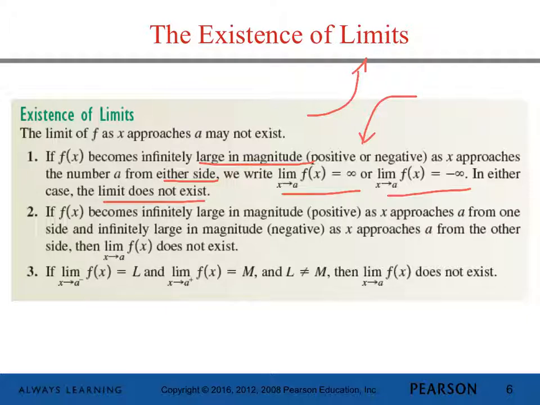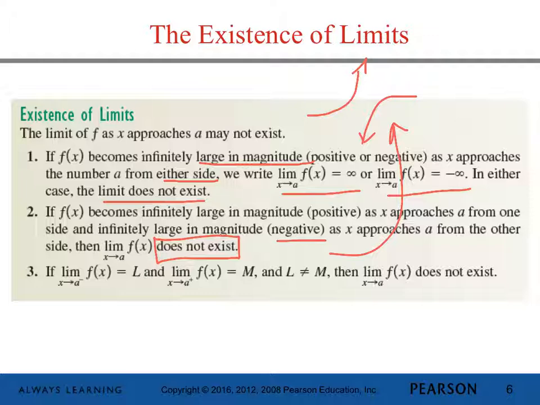Now, if f of x becomes infinitely large in magnitude and positive as x approaches from one side, and increasingly large in magnitude and negative as x approaches from the other side, then that limit does not exist. So what this is saying here matches up with this picture.